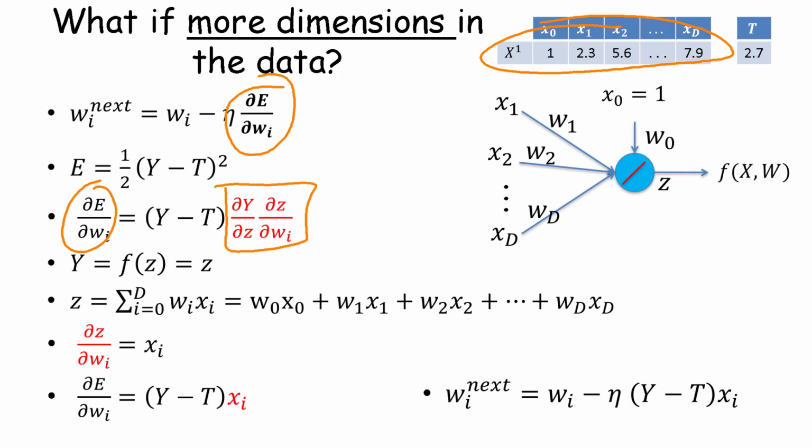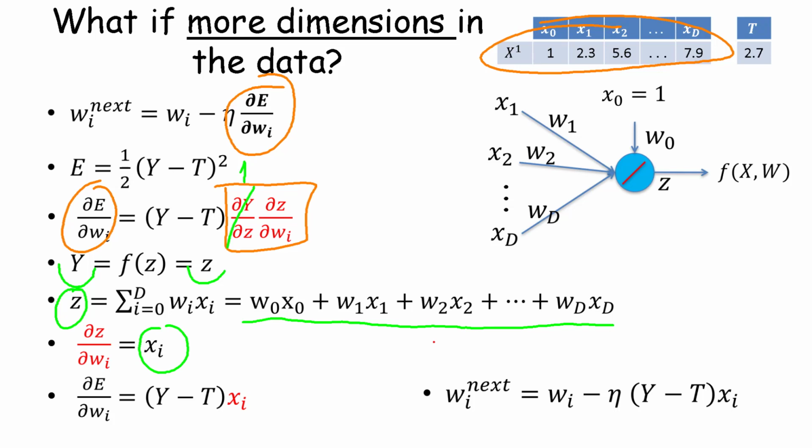Because we are using a linear activation function, the output y is just equal to the total input z. The derivative of y with respect to z is just 1. And remember that the total input z is just a summation of the weights multiplied by the inputs. The partial derivative of the total signal with respect to any of the ith weights is just xi.